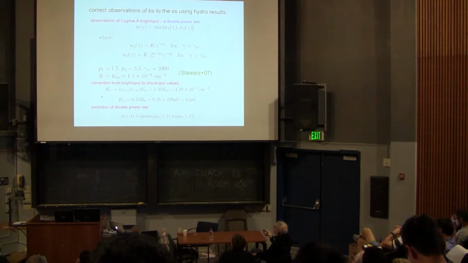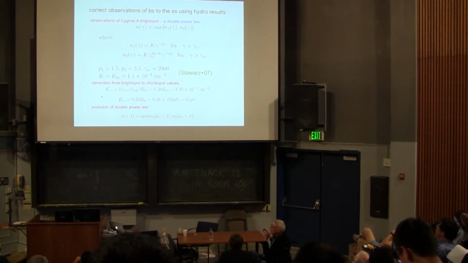So the shock spot k is about 1.4 times the bright spot. So I use the observation here of Stowart's. It's a nice paper. And the field he picks is like 220 microgauss. But I cut that down by about 1/3 to 62 microgauss. So 62 microgauss is in the shock spot, and that field increases when it smashes into the offset region.